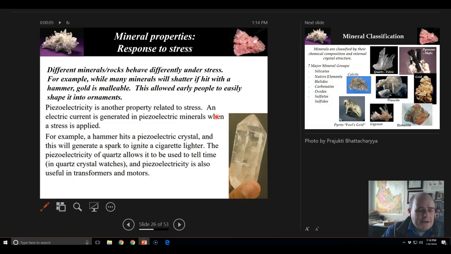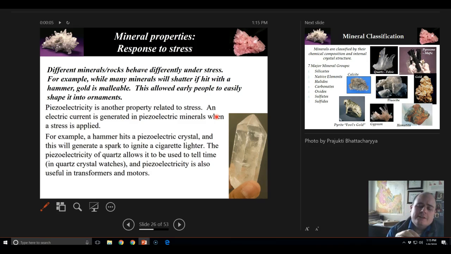Another property that can be used is in quartz, which we use in our watches. If you've ever heard of a quartz watch, the reason we use it is because quartz, if we put electrical currents in it, will shake. Basically the atoms shake back and forth, and that movement is what we're actually telling time by.